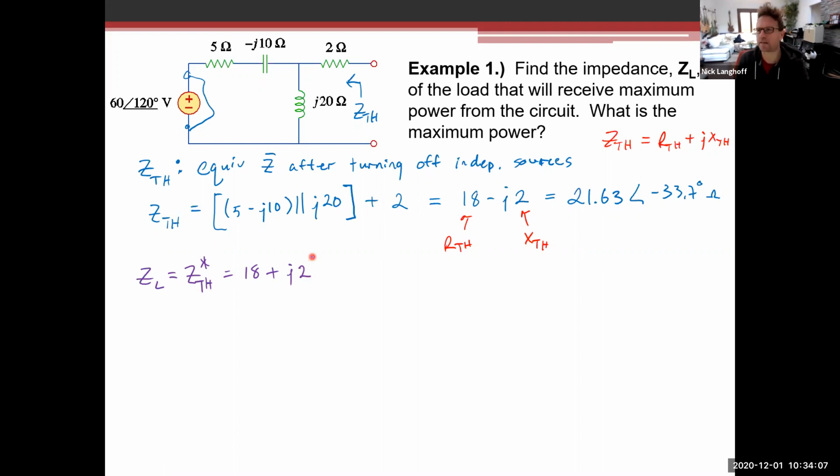The reactance has the opposite sign, or that would be at a magnitude of 21.63 and an angle of positive 33.7 degrees in ohms. So there's the impedance, ZL.